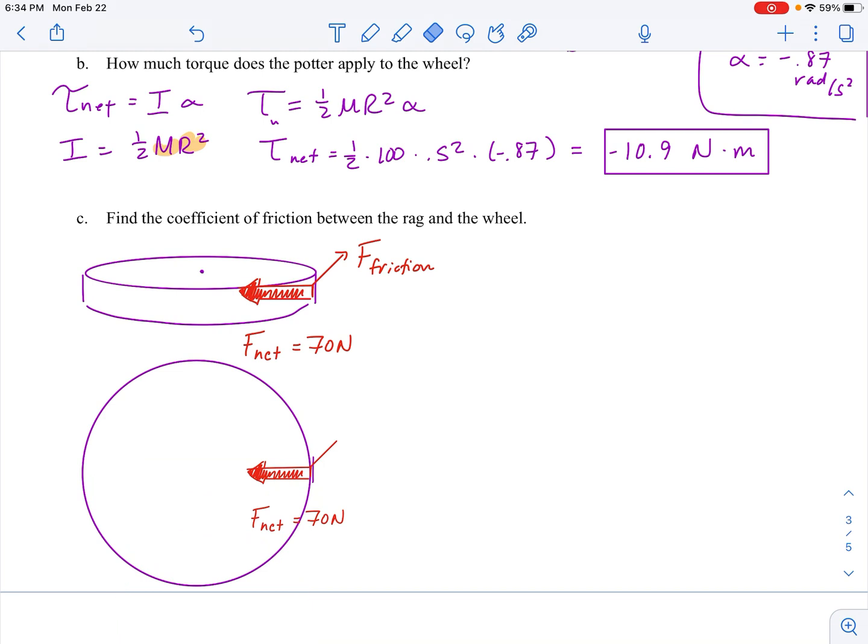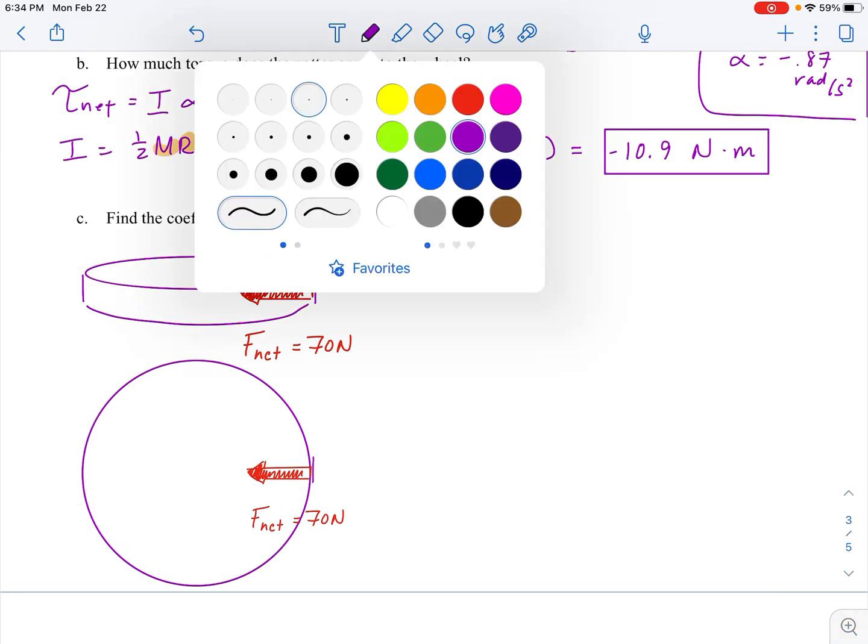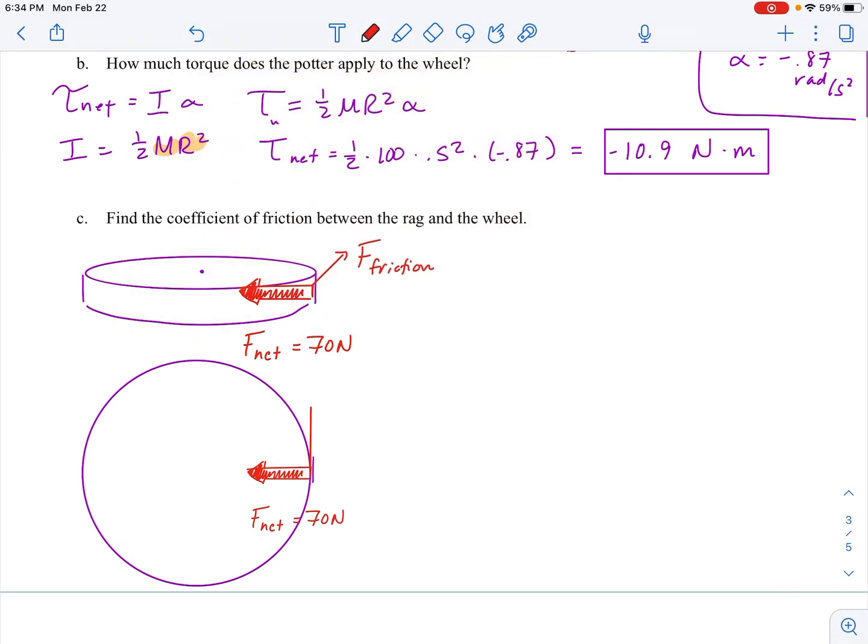If I were to look at a top view, I'd have that F net going in toward the center, and then the frictional force would be perpendicular to the surface from my top view. The net force, because it's perpendicular, is also a normal force. Again, because this net force is perpendicular to the surface. We know that the force of friction is mu times the normal force. We know that the normal force is 70 newtons.